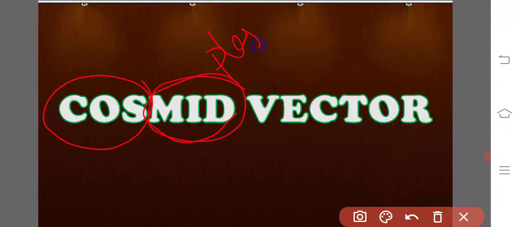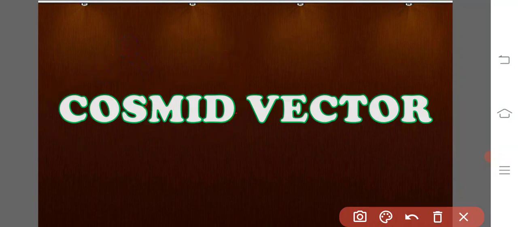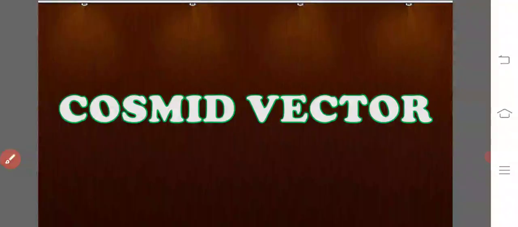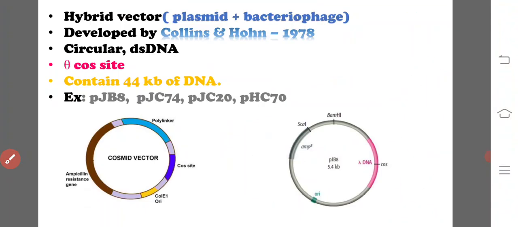This is from the plasmid and this is from the bacteriophage. So it is a hybrid vector which contains characteristic features of both plasmid and bacteriophage. It was first developed by Collins and Hohn in the year 1978.